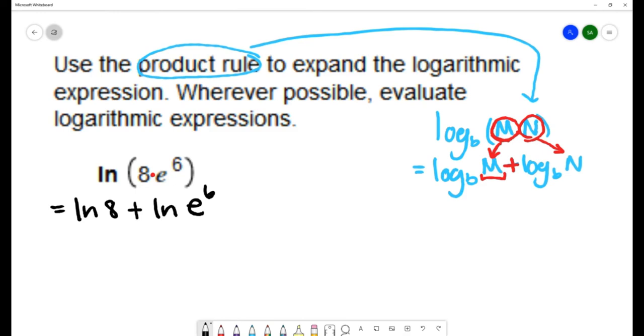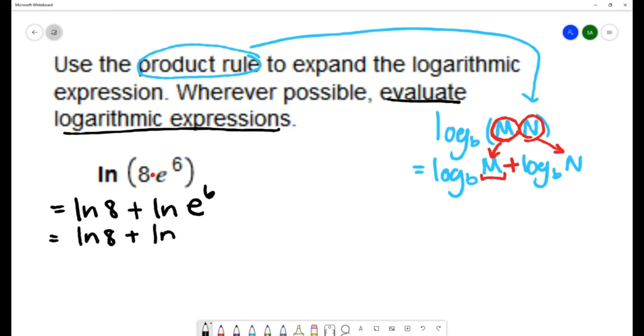We also need to make sure that we evaluate whenever possible. We try evaluating when we have a number. In this case, natural log of 8 is a number, but it's not one that we can easily simplify. The reason why is because natural log, ln, is a log with base e.